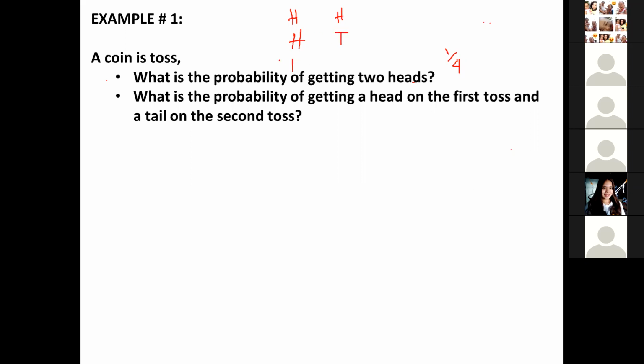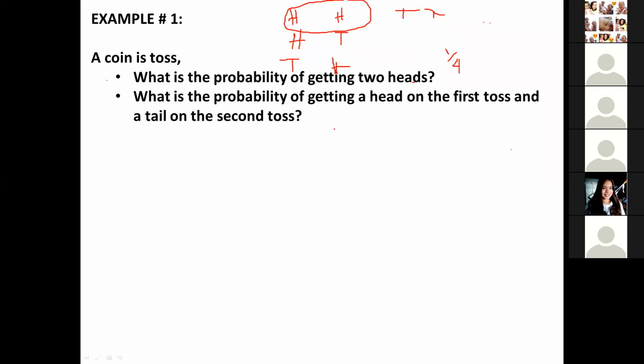Okay, pwede namang tail head yan. Or pwede din namang parehong tails yan, no? Tail, tail. So, all in all, 4. So, yung sample space natin, 1, 2, 3, 4. And then, isa lang yung possible event na parehong head. So, 1/4. I think tama si Jeline dyan, no?